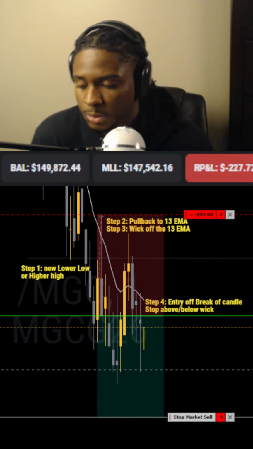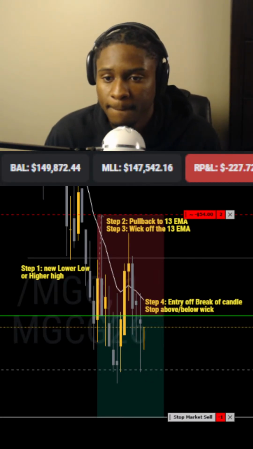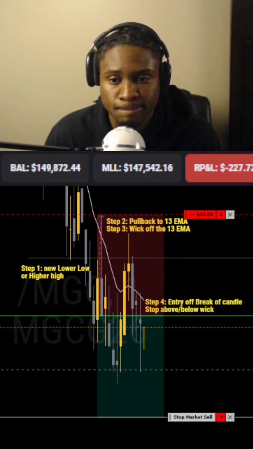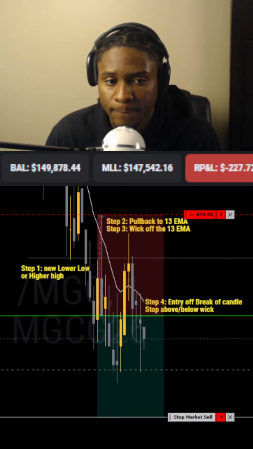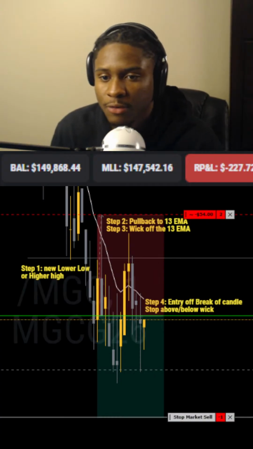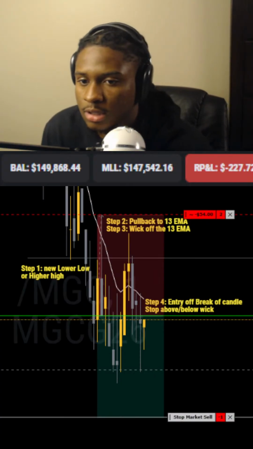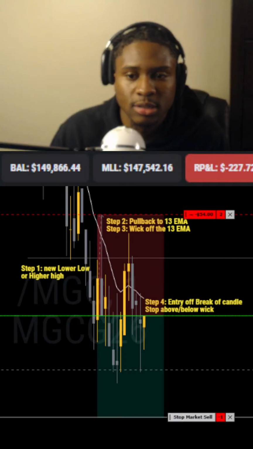Hopefully we're not creating a double bottom here. Let's see a candle close below 4355.6, and not look like we're about to get cooked here.